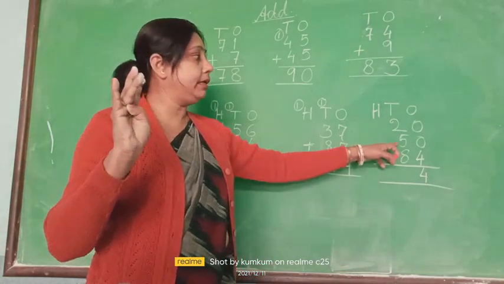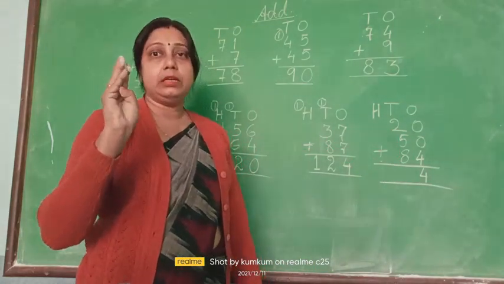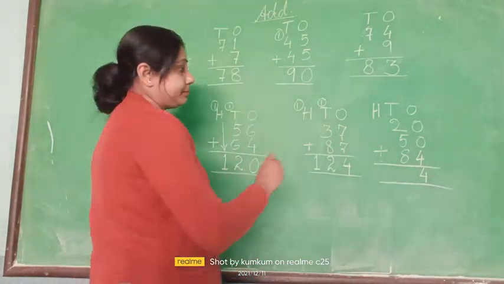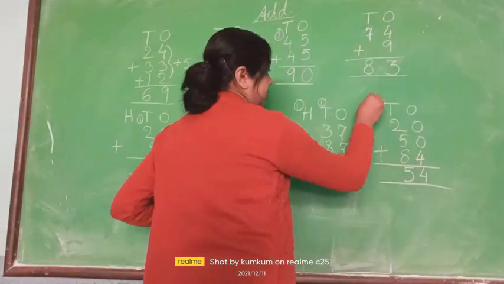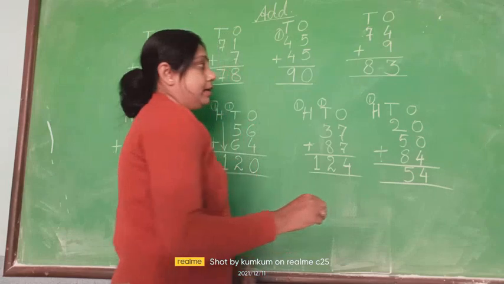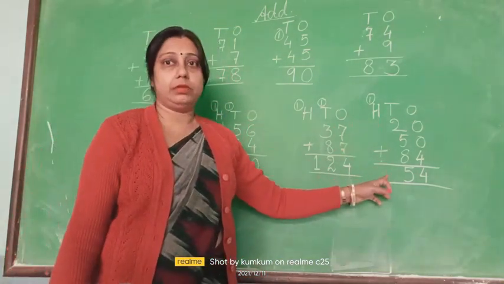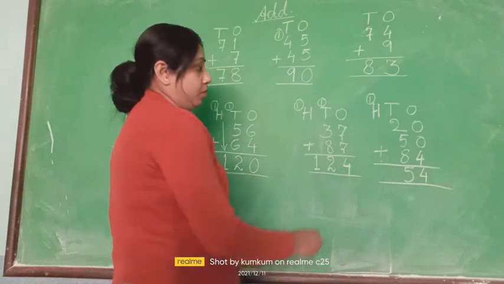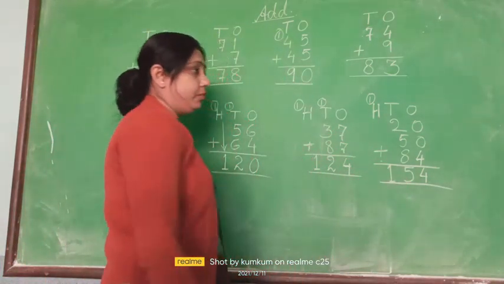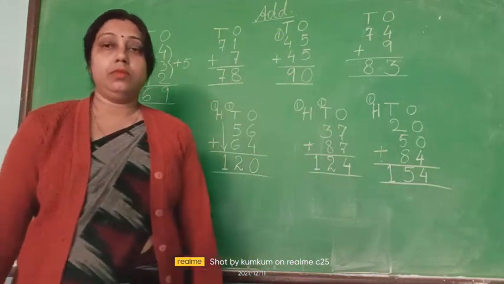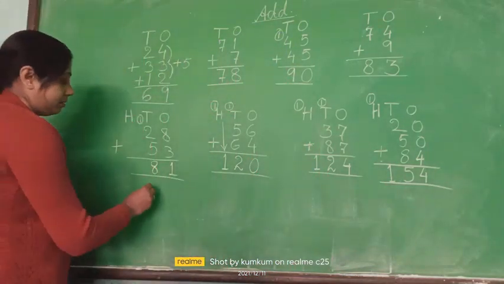And after 13, you have to count more to 14, 15. So I will write there 5 and 1 will be carried in the hundreds house. Now this one will come down and it will become 154. Now we will practice more sums like this. So let us practice here.